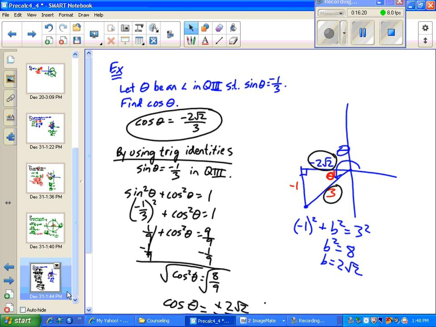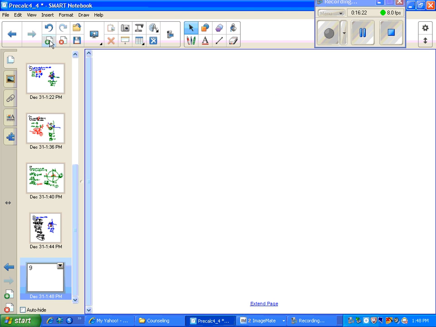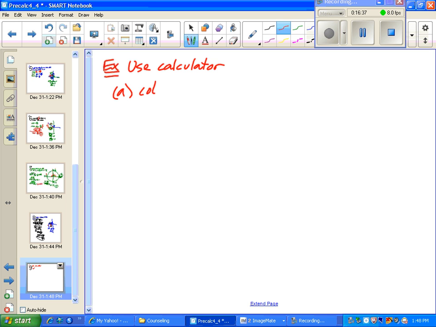All right, a couple more here. I want to make sure that you can make sure on your calculator that you can get these same answers here. I'm going to use a calculator, the TI-89 here. First of all, I'm going to find the cotangent of 375 degrees.